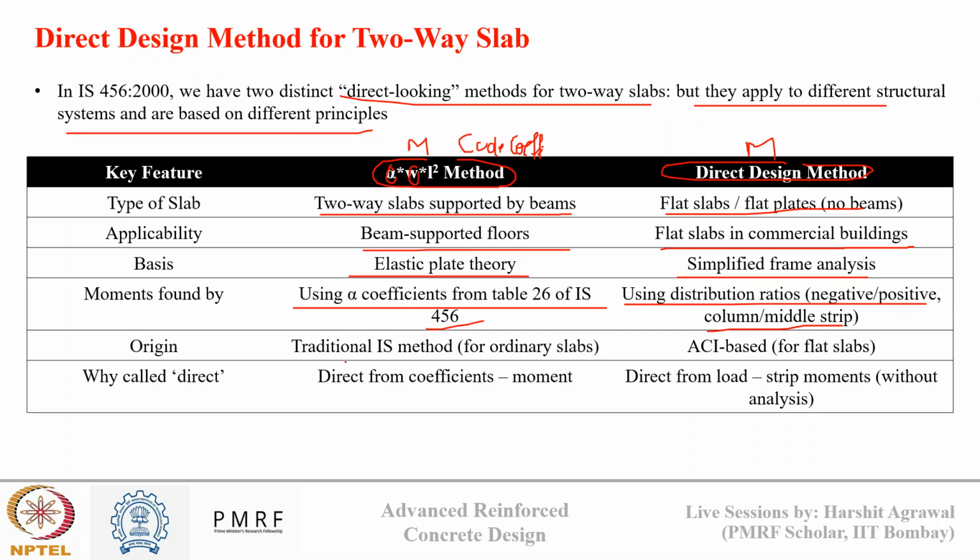The code coefficient method is a traditional IS code method for ordinary slabs, whereas the direct design method originated from the ACI code. Why is it called direct? Because directly from coefficients we are getting moment. Because from load we can get the strip moments in longitudinal and transverse directions without any analysis. So these are the key differences between the code coefficient method and the direct design method.